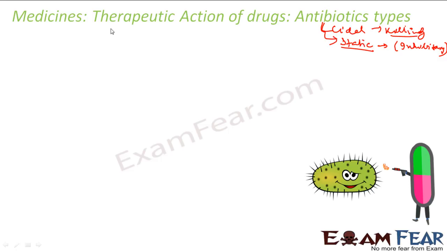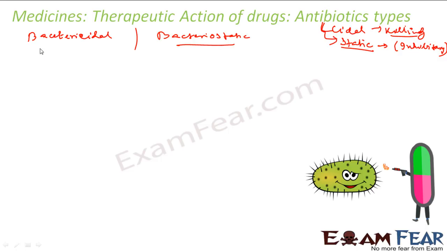So based on this, we have two different types: bactericidal or bacteriostatic. Drugs which ask bacteria to stop are bacteriostatic. Drugs which kill the bacteria are called bactericidal.